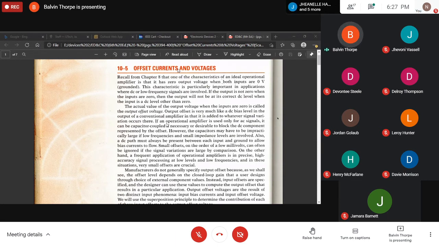Because especially with amplifiers, usually what happens is that they sometimes are buffers, or they're cascaded, and one stage leads to another stage.